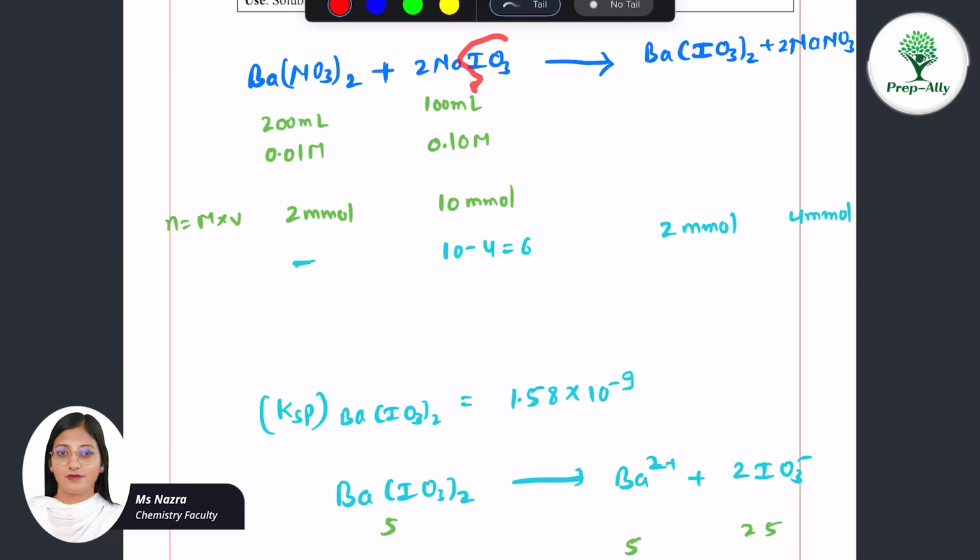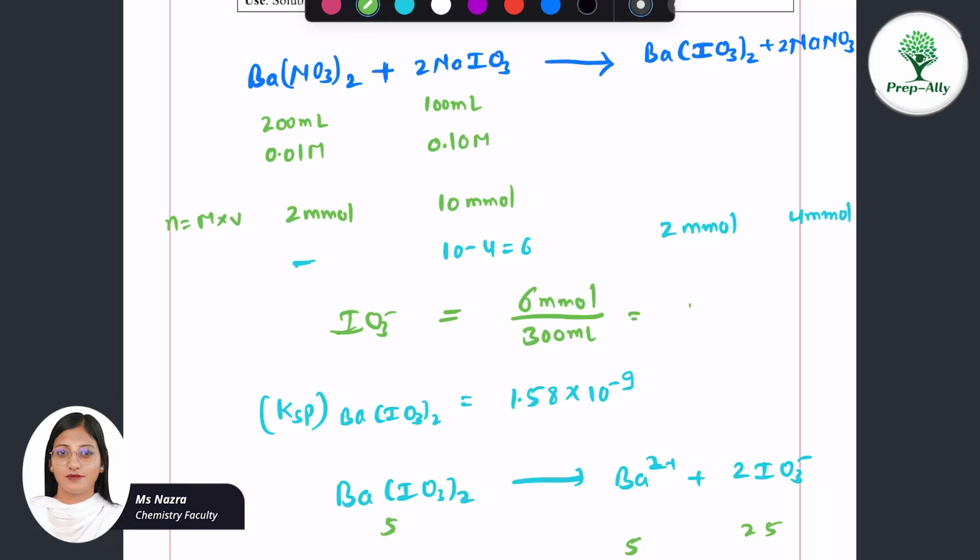Sodium iodide is also a source of iodide. So barium iodide is not the only compound responsible for the iodide ion. There is another source of iodide also present in the mixture, which is NaIO3. So the iodide concentration here from sodium iodide will become 6 millimole divided by 300 ml total volume.